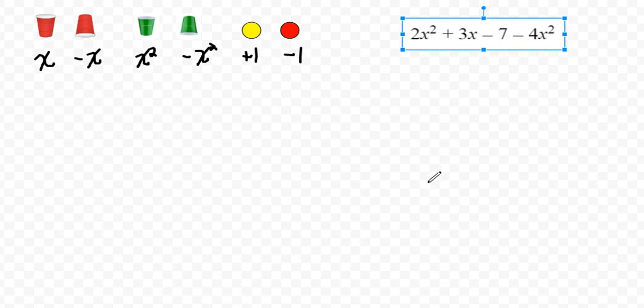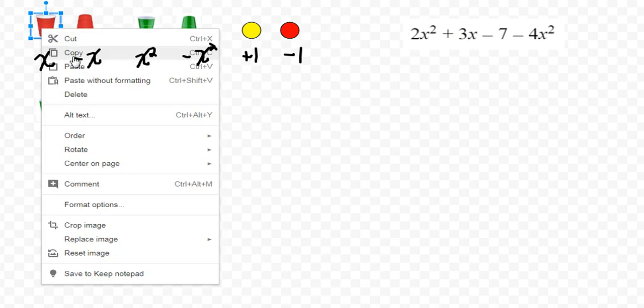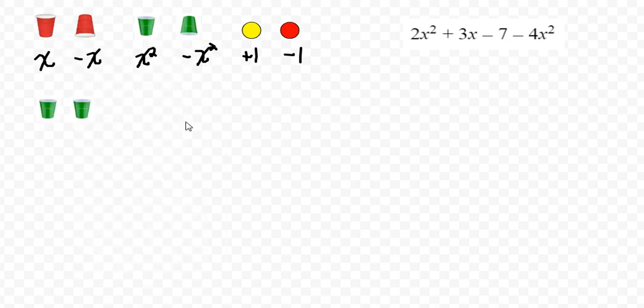Okay, so to get started, I need 2x squared, so I need 2 of these green cups. So let's go ahead and get 2 of those. I got 2x squared, positive, so those are up. Plus 3x, so I need 3 red cups. 1, 2, 3.